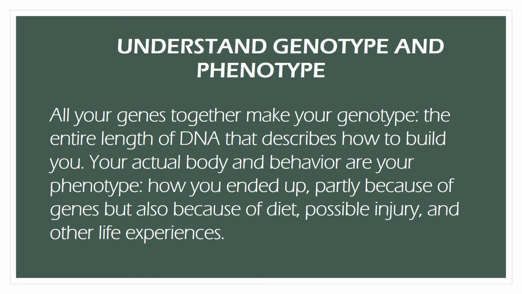The entire length of DNA that describes how to build you is the genotype. Your actual body and behavior are your phenotype. How you ended up, partly because of genes but also because of diet, possible injury, and other life experiences, those are the phenotype.